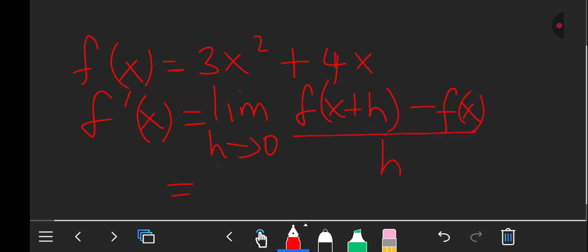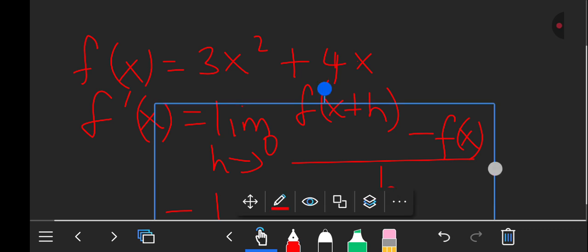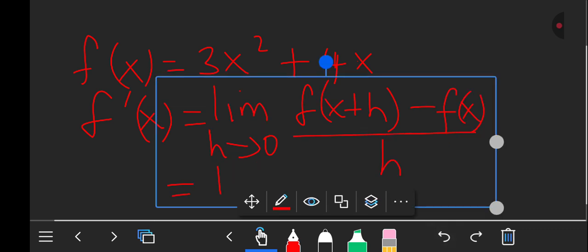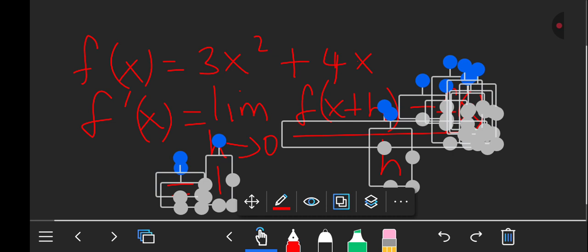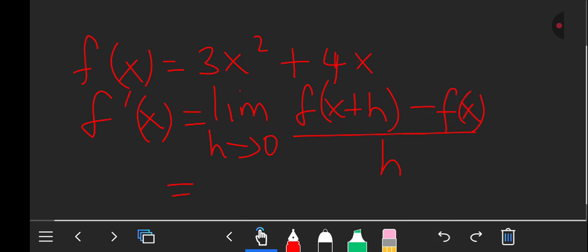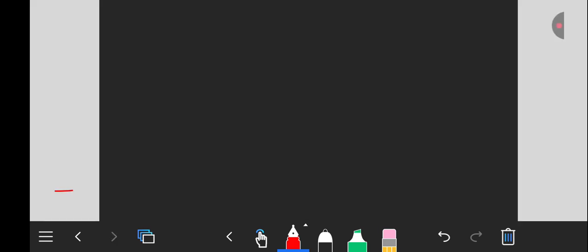Then I can do the substitution, so I'll say limit as h approaches 0. We'll write the function. In fact, let me write it this side so that I create space.